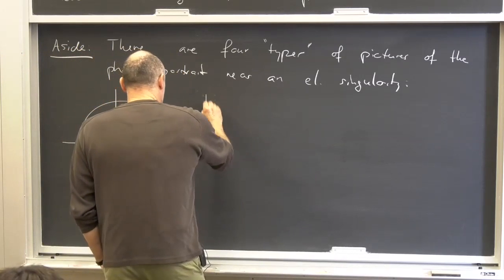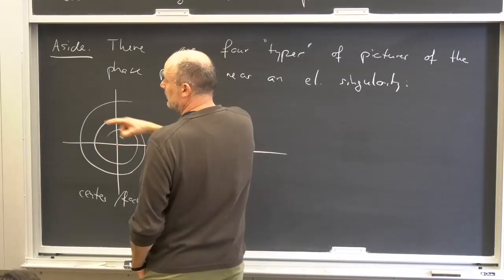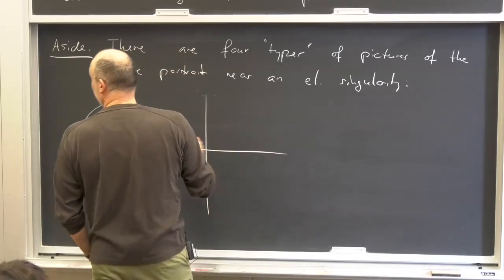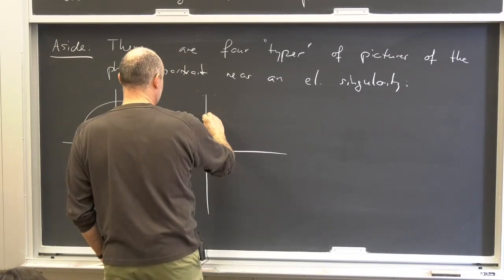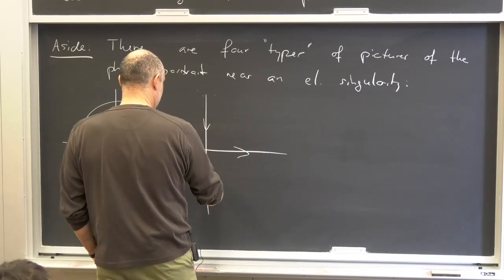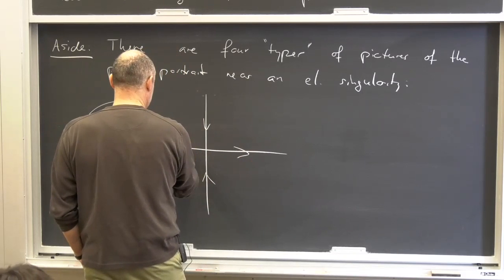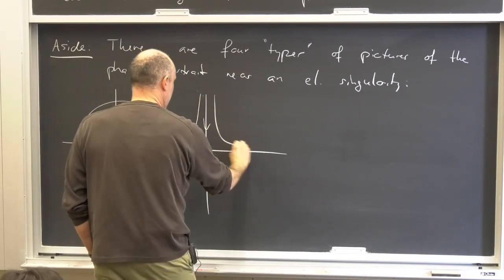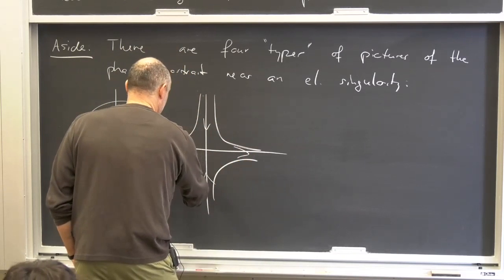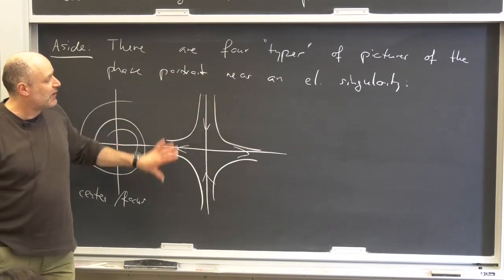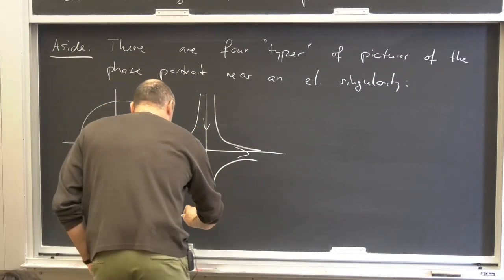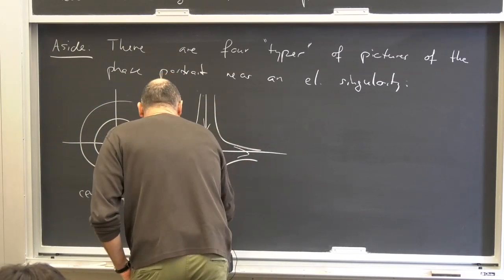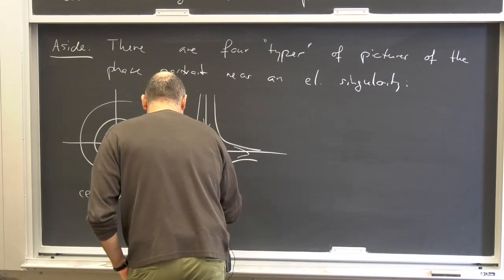Okay. Then there is the situation where you have only hyperbolic sectors. So the typical picture would look something like this. Right, so in each quadrant, so to speak, we have the picture that we have here after deformation. So this is called, what is this, hyperbolic? No, this is called a saddle.